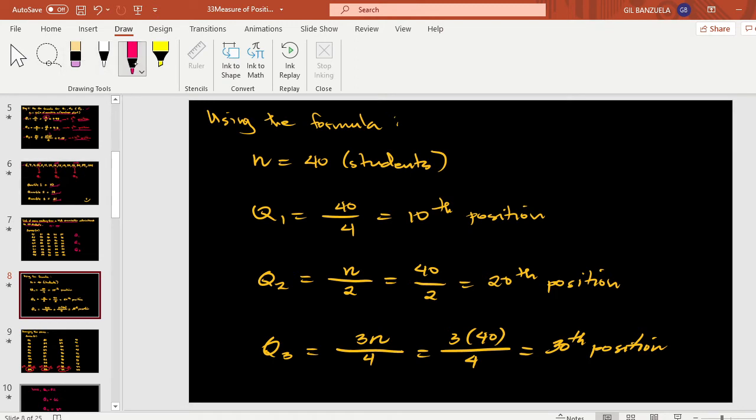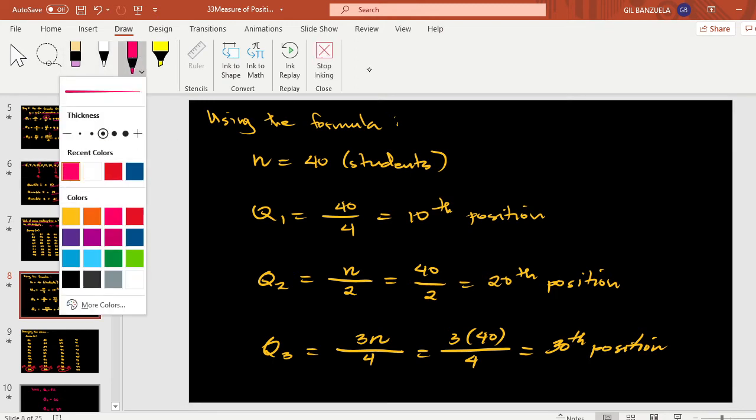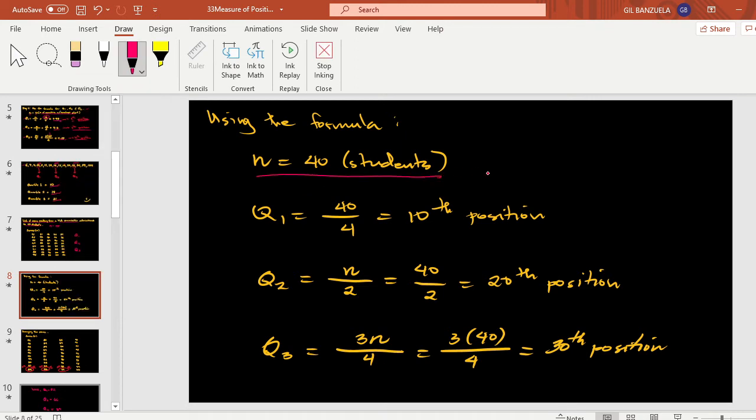Using the formula for ungrouped data, again, the sample size is 40. For quartile number 1, that would be 40 over 4, so we can look for the value for quartile 1 at the 10th position.